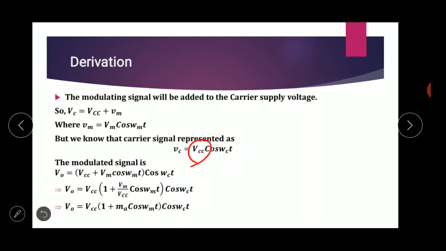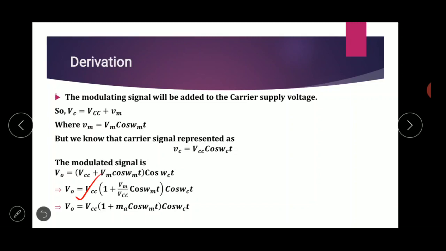Here is the equation of the modulating signal, Vm cos omega mt, and the equation of the carrier signal is Vc equals Vcc cos omega ct, where Vcc is the amplitude. As we know, the modulated signal equation is represented how? The amplitude of the carrier signal is added with the modulating signal, and the frequency is equal to the frequency of the carrier signal.